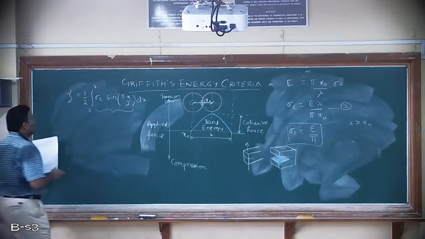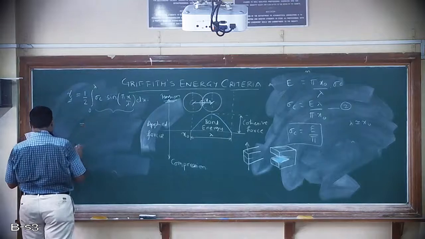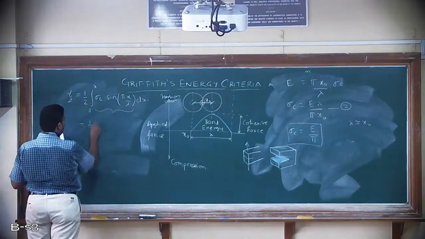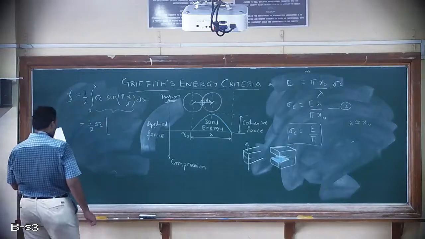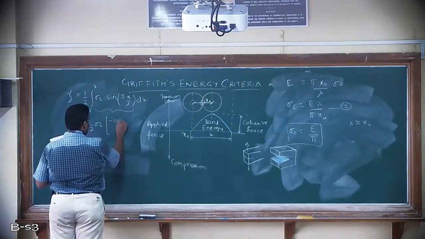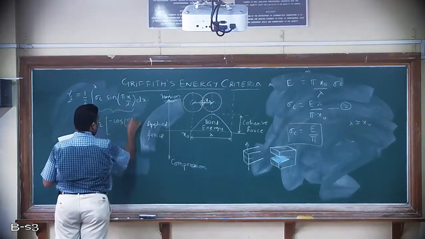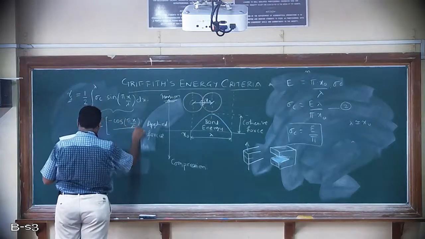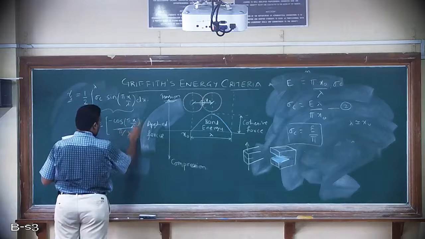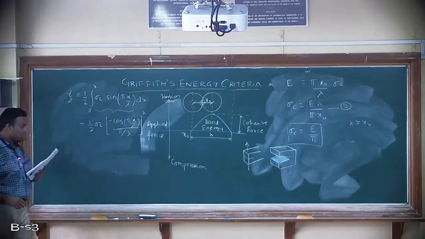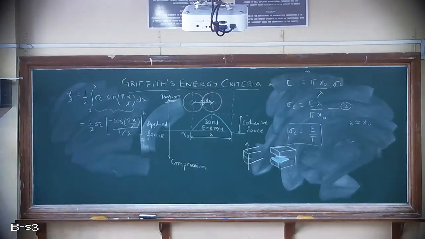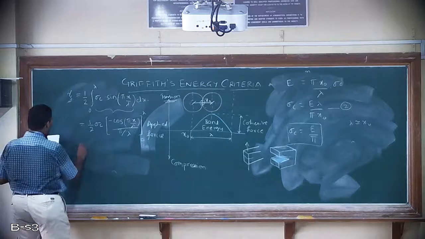So now I will simplify this integral. I can write half, sigma c being constant will come out, and the integral of sine pi x by lambda can be written as minus cos of pi x by lambda upon pi by lambda, from 0 to lambda. Do you agree with this? So this I will simplify.